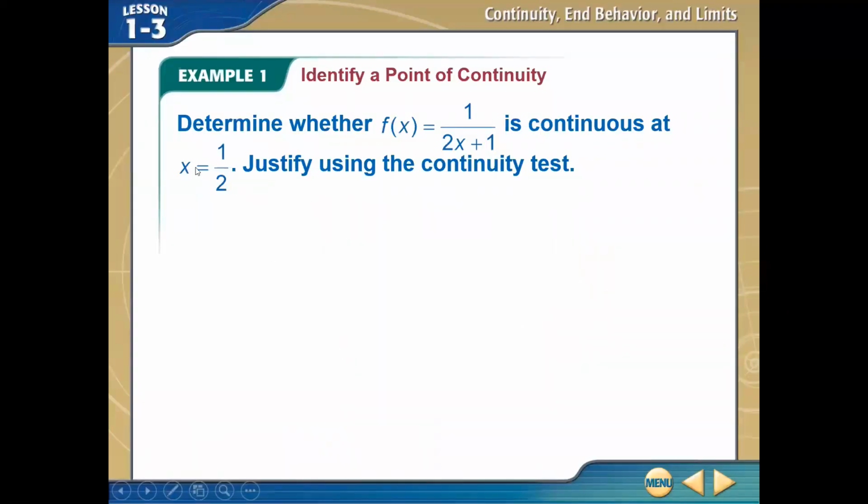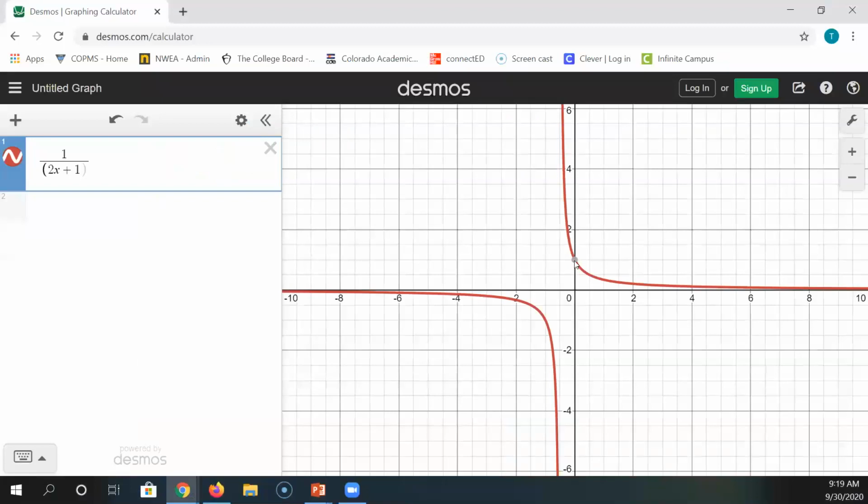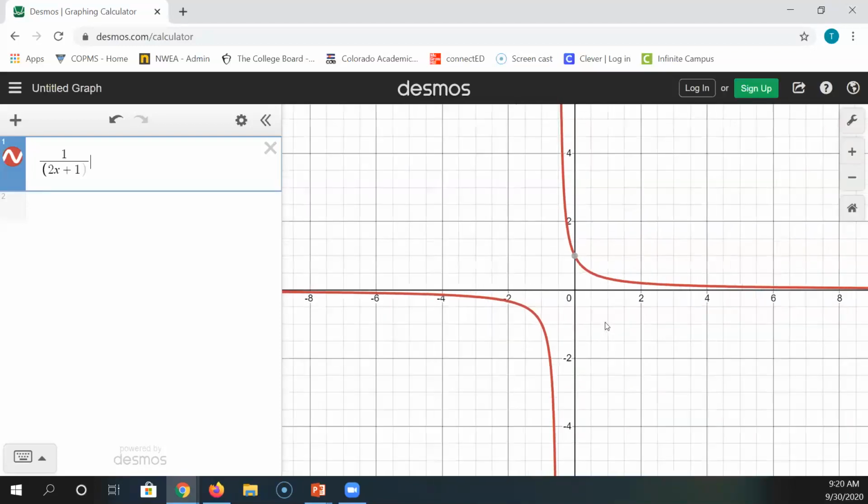It's asking us to identify: is it continuous at the point 1/2? If we look at where my discontinuity is, my discontinuity is over here as a negative, and then the value for a half is going to be right about here. The cool thing with Desmos is it's very easy to zoom in.